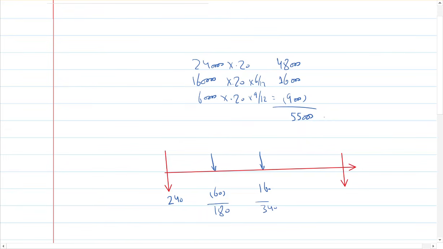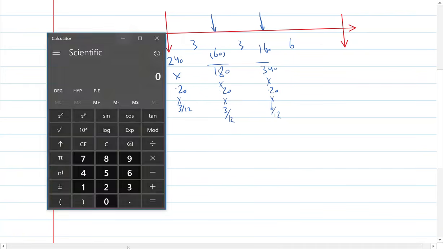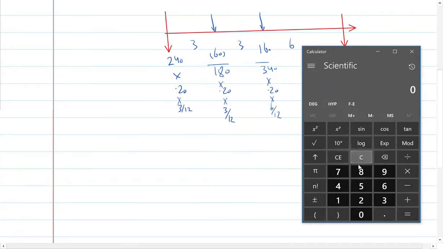So we have this for 3 months, this for 3 months, and then this for the remaining 6 months. So 240 multiply by 0.20 multiply by 3 divide by 12 equals 12.